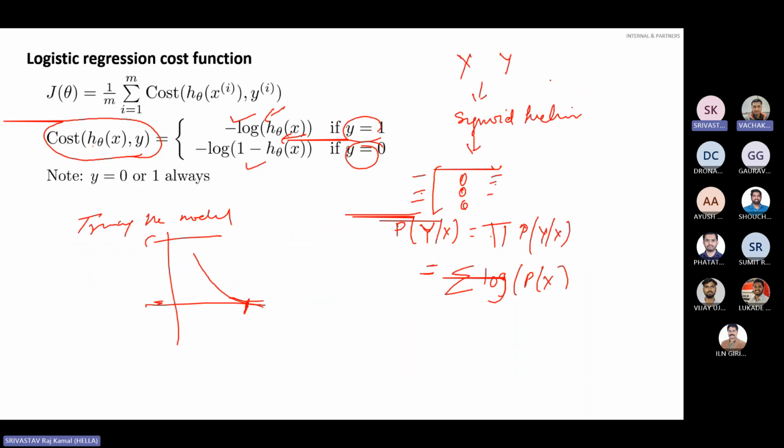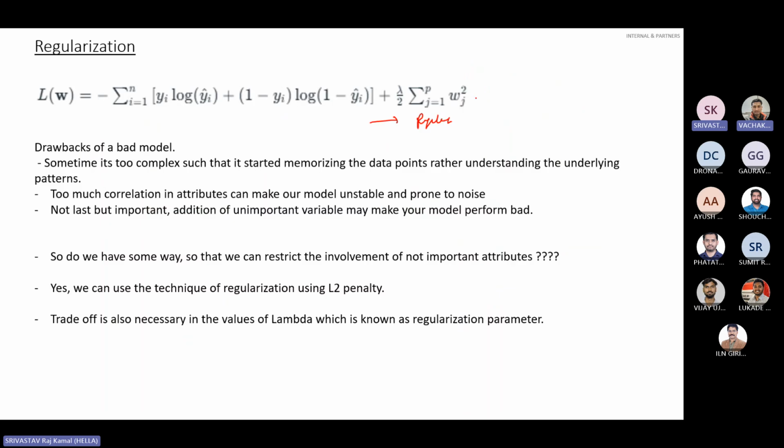But before going, a quick comparison of linear and logistic regression. In linear we predict continuous data; in logistic we predict a category. The cost function was mean squared error, which is given by (1/m) summation of (yi minus y hat) squared.